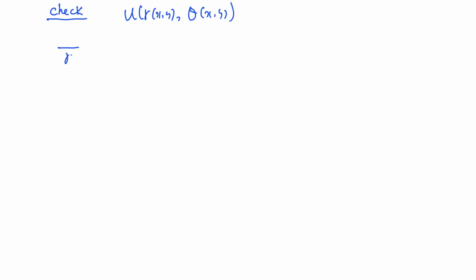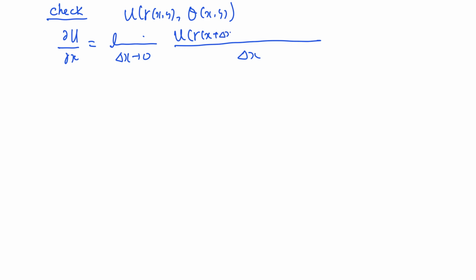So partial u over partial x is actually the limit as delta x goes to 0 of [u(r(x plus delta x, y), theta(x plus delta x, y)) minus u(r(x,y), theta(x,y))] over delta x.